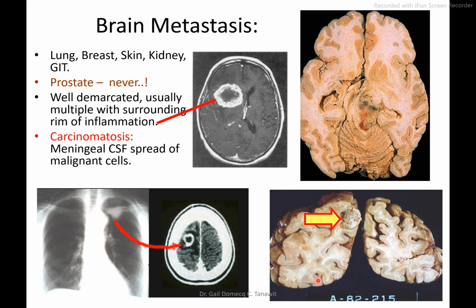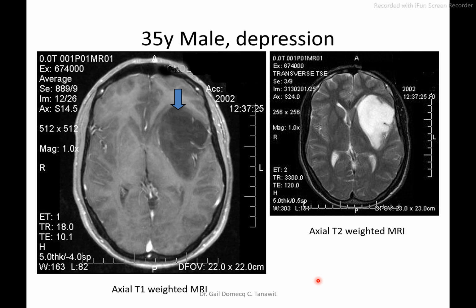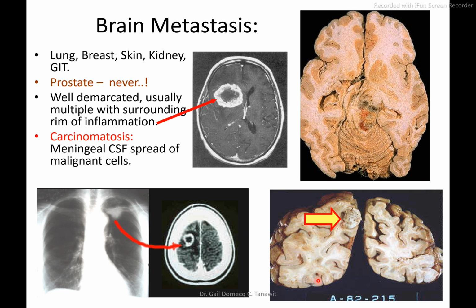That would be, of course, contralateral weakness of the affected body. Sometimes, remember, until proven otherwise, we would think of metastasis as well. Remember this: lung, breast, skin, kidney, and GIT. Usually we don't see prostate carcinoma going into the brain. We can appreciate a well-demarcated, usually multiple lesion with a surrounding rim of inflammation.